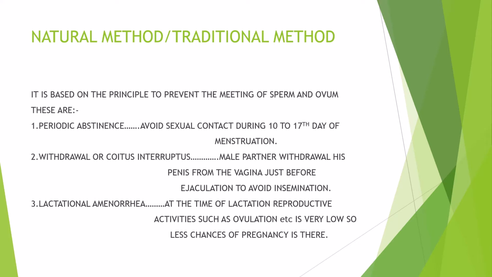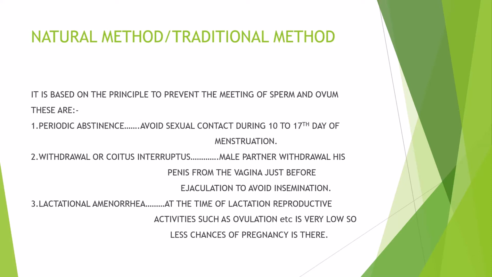But this is not a fixed time. The ovulation date can be 2-3 days earlier or 2-3 days later than the 14th day. Actually, it is a range of 6 to 7 days in which the possibility of ovulation is higher.